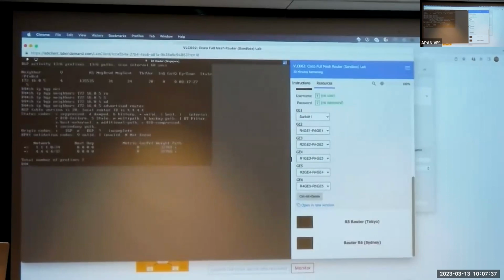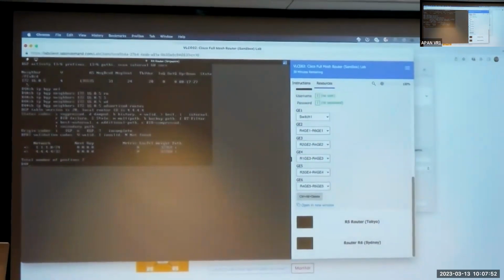Now, if I go to R6, then the path that is going to be preferred would be from R5, R3, and R4. Right, that's what I'm going to show you. So let me go again to R6.